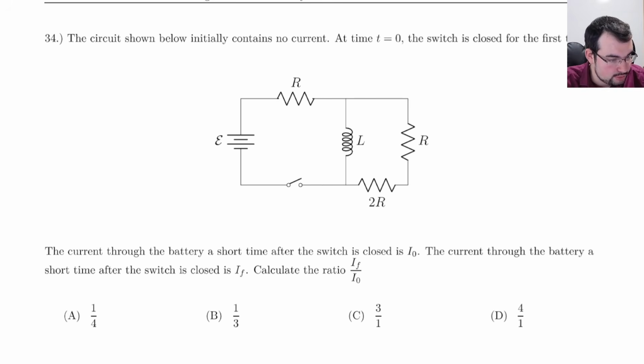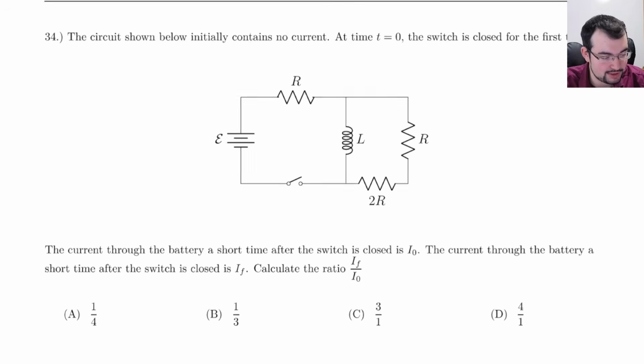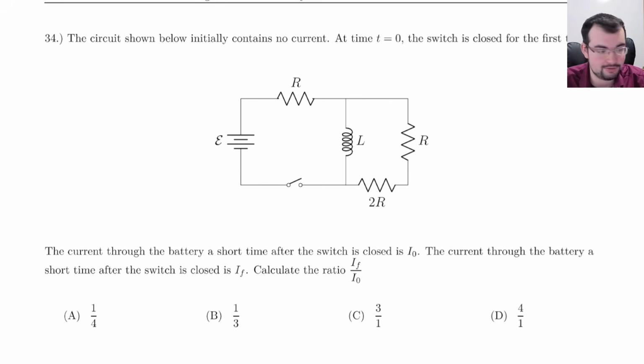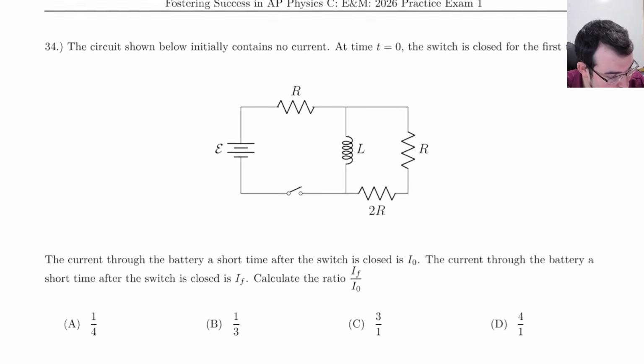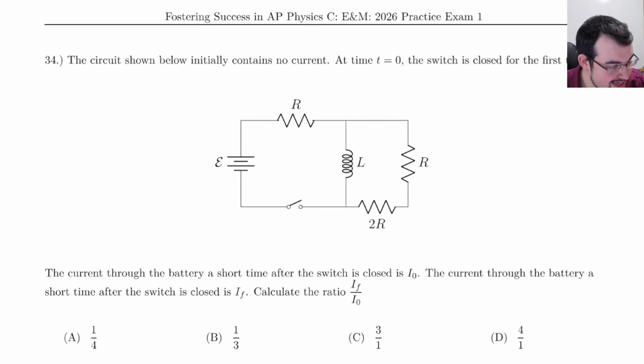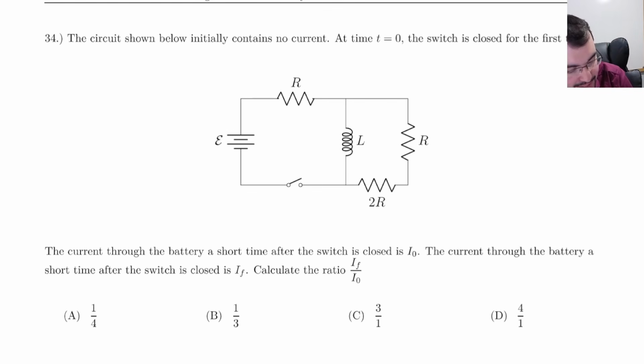All right, the circuit shown below contains no current. We flip the switch. We want the ratio of the current after a long time to the current after a short time. So let's do that. So this is inductors, which behave oppositely of capacitors. So if we look at short times, inductors are very displeased, right? Inductors do not like you to change the current to them.